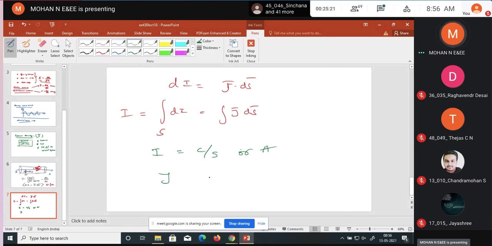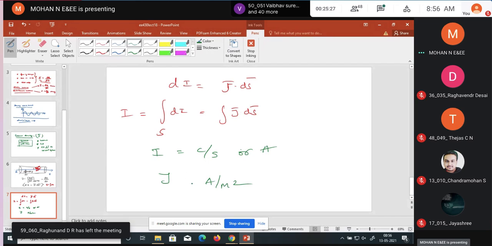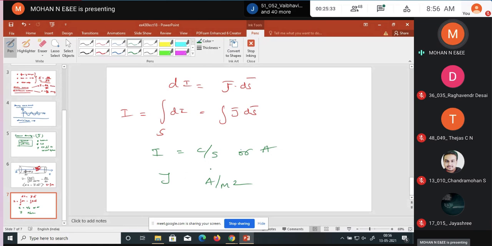It is current per unit area, so it is amperes per meter square. This is the current density unit. Basically, current is the dot product of the current density and the surface vector.